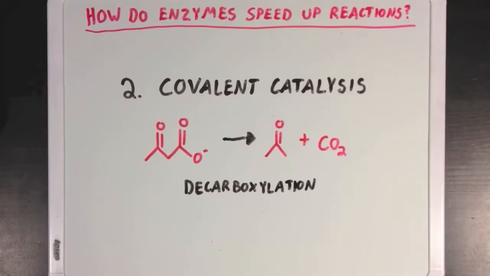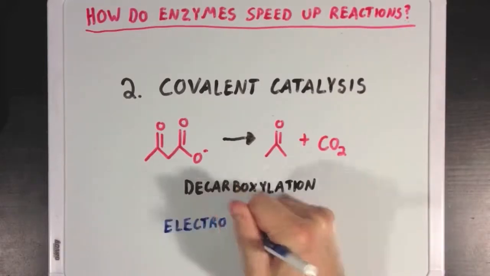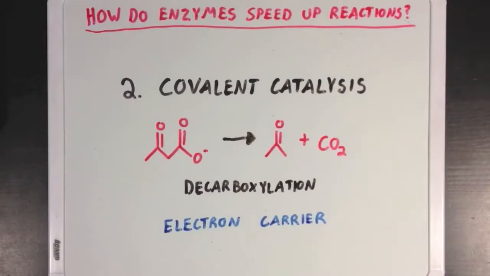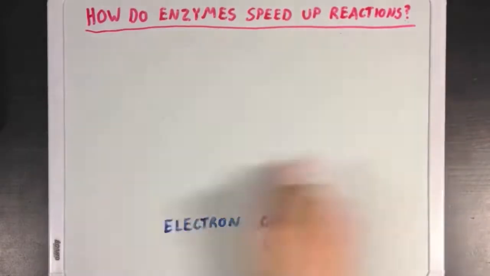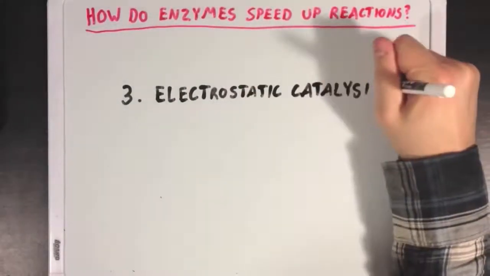And if you remember, these reactions usually have a lot of electrons moving around. So if we had a covalently bound enzyme that could hold on to some electrons and be an electron carrier, or what some people like to call an electron sink, then that would definitely help this type of reaction move a little more quickly.